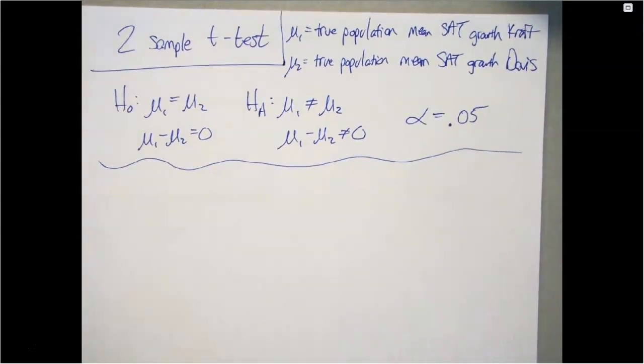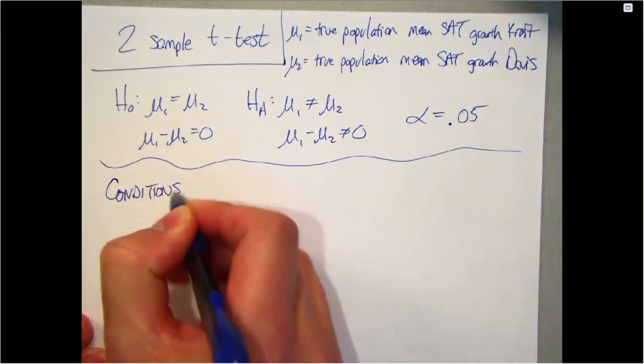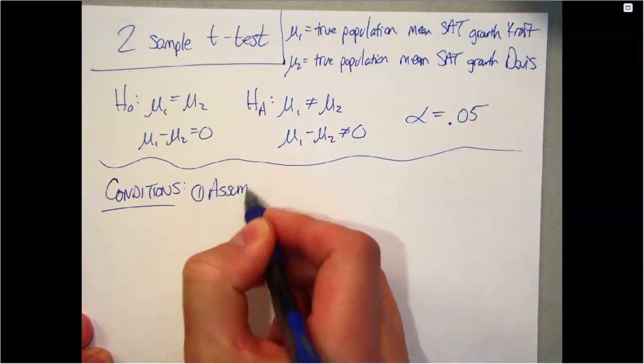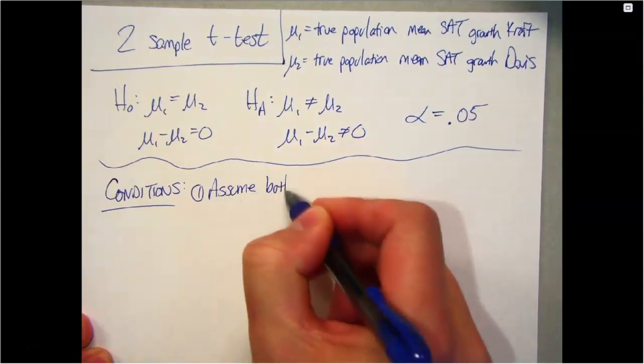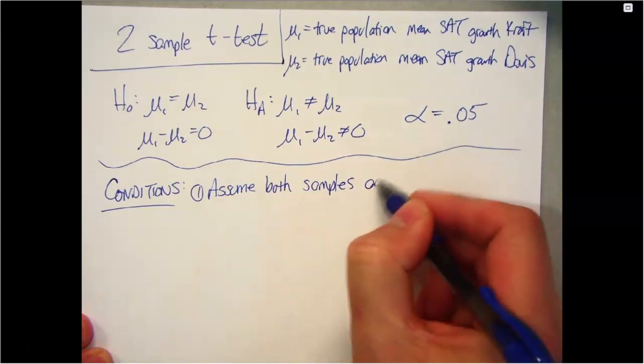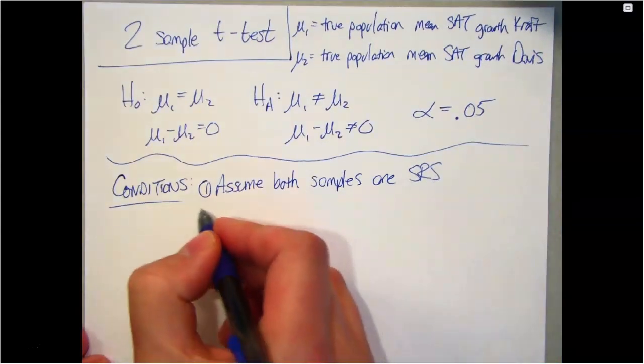Alright, the conditions are the same as they were before, it's just for both samples. I did not say anything about randomness, so I'm going to assume both samples are SRS, or assume both are random.